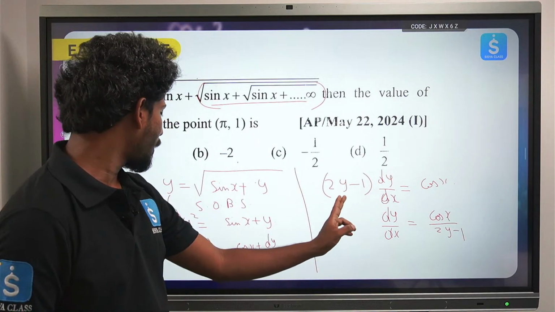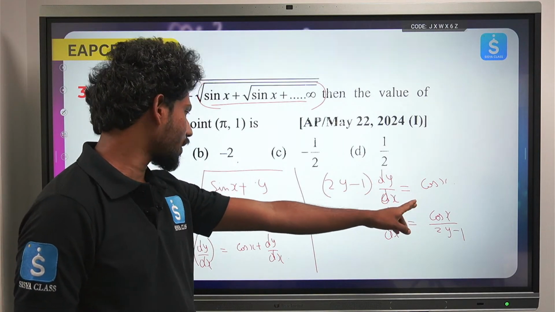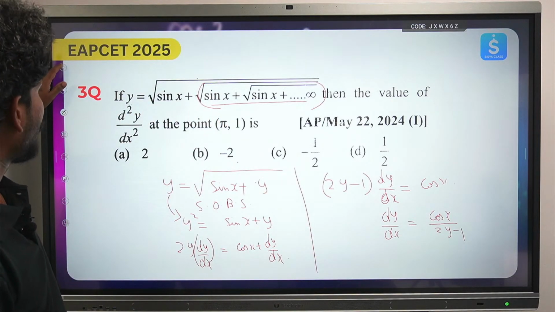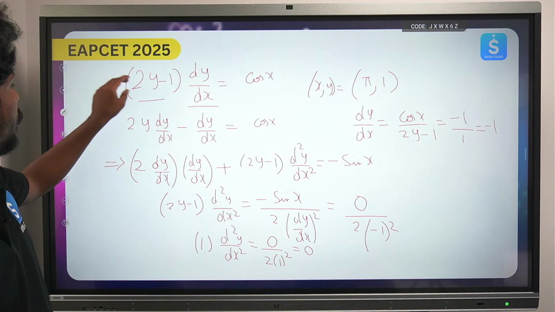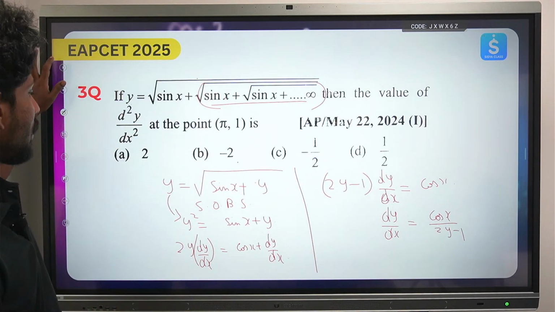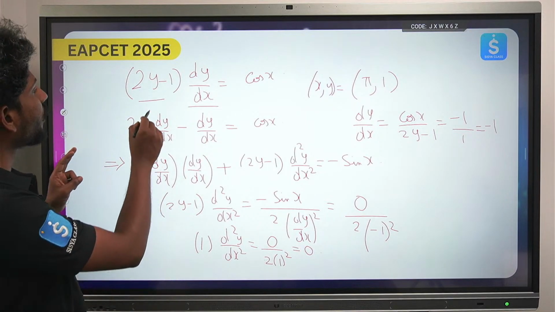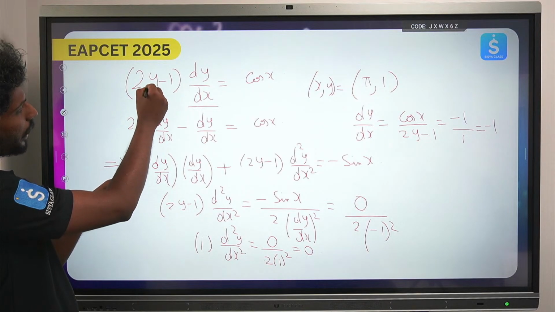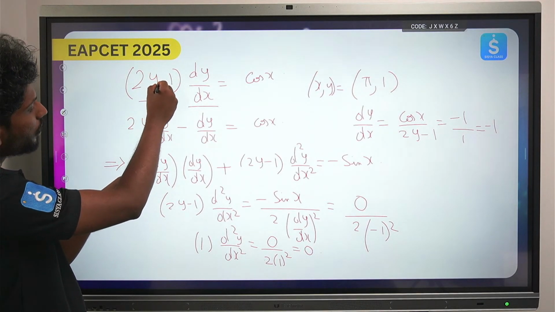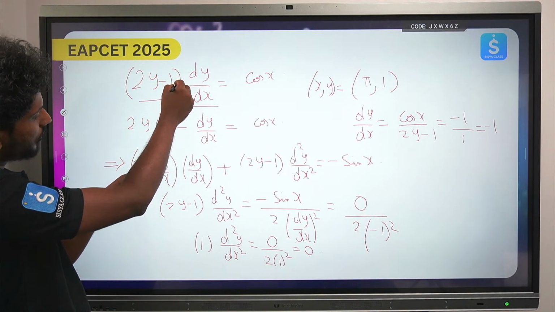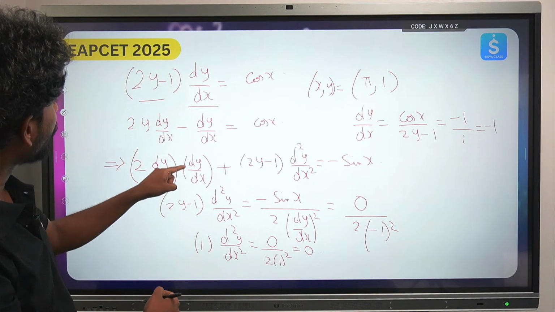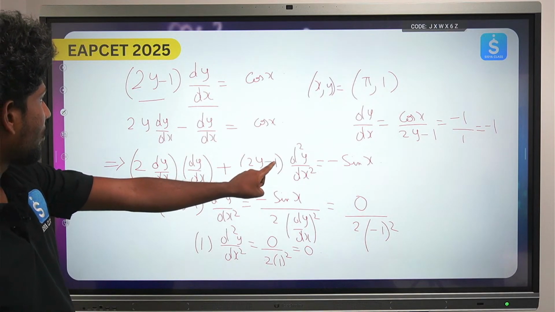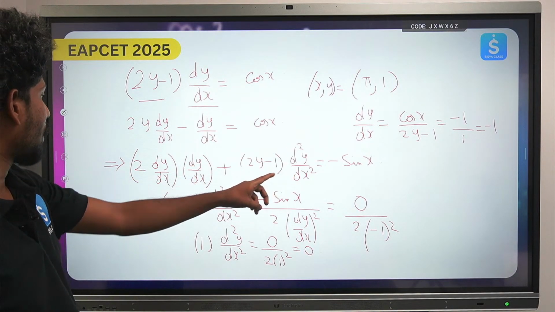So 2y minus 1 into dy by dx is equal to cos x, so dy by dx is equal to cos x by 2y minus 1. We got till here, and then if you differentiate both sides again, this becomes 2 into dy by dx into dy by dx, plus 2y minus 1 into d square y by dx square. Till here it's correct.